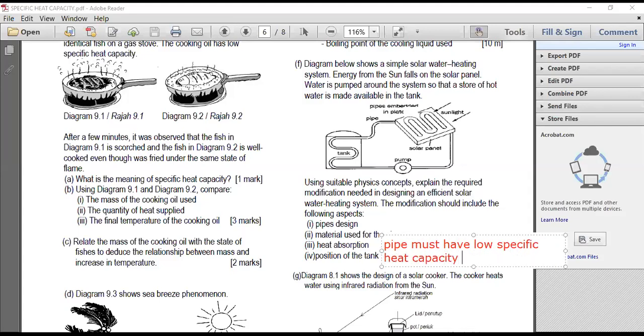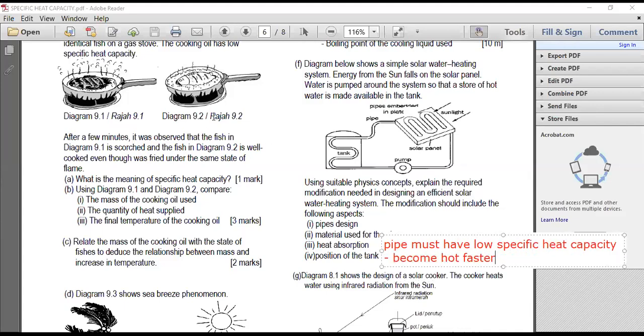Reason: become hot faster. So the modification is low specific heat capacity, reason: become hot faster.